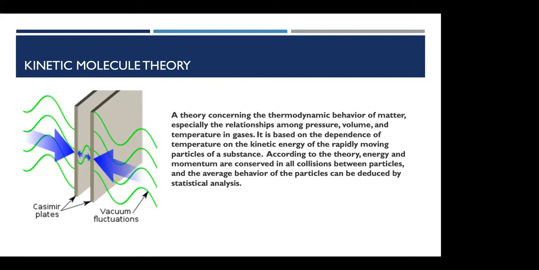The theory concerns the thermodynamic behavior of matter, especially the relationship among pressure, volume, and temperature in gases. It is also based on the dependence of temperature on the kinetic energy and rapid movement of particles in a substance. According to the theory, energy and momentum are conserved in all collisions between particles, and the average behavior of the particles can be deduced by statistical analysis. It's not as simple as one look and you know. So it's very, very complicated.